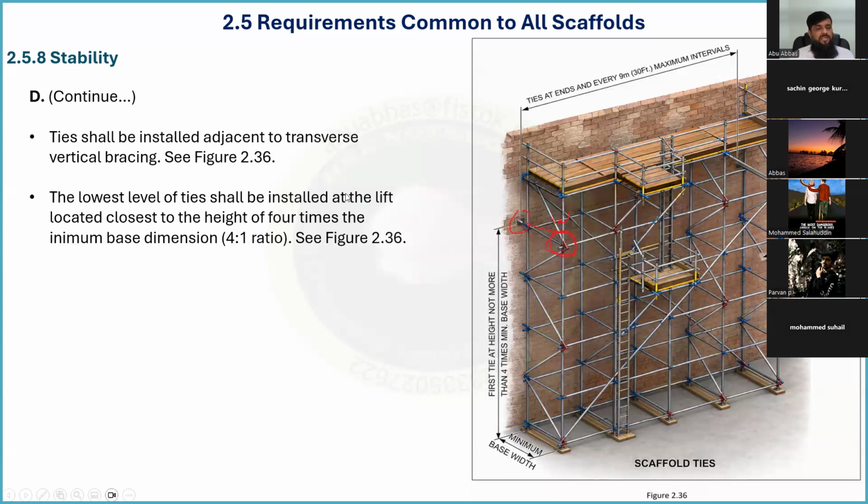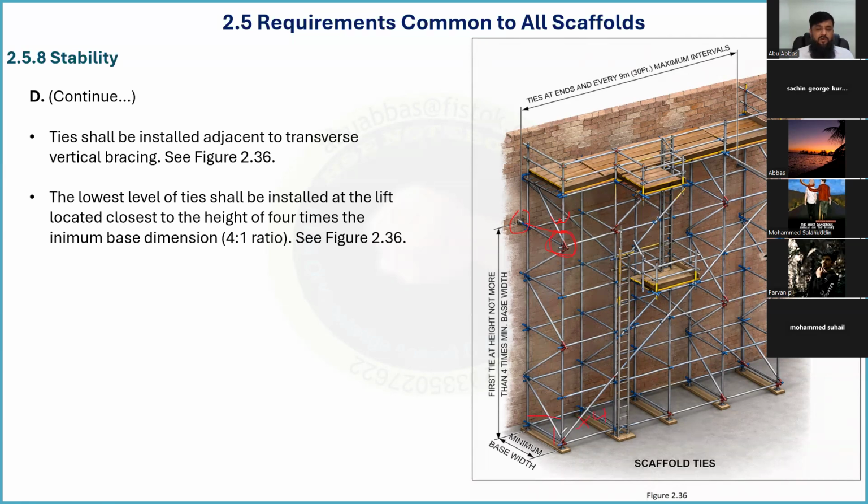The lowest level of tie shall be installed at the lift location closer to the height of 4 times the minimum base dimension, 4:1. So 4:1, as we know, minimum width multiplied by 4.